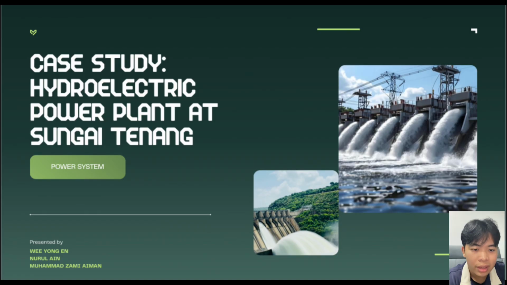So that's the two questions of this case study. I will read the questions first. Question 1. Based on the given case study, carry out 2 environment impacts resulting from the operation of a hydropower plant.